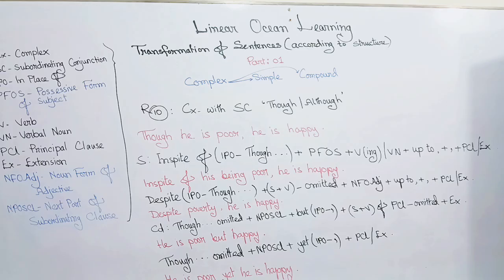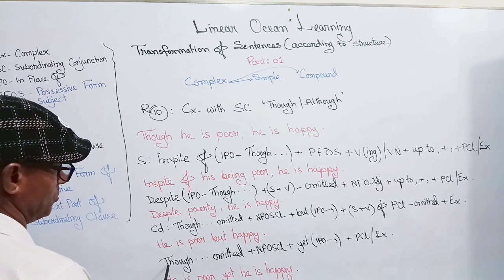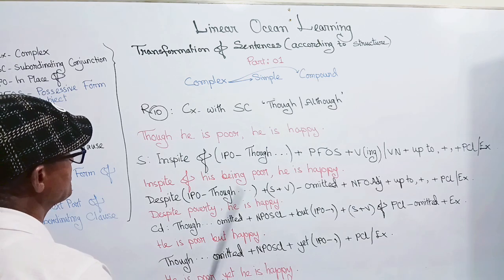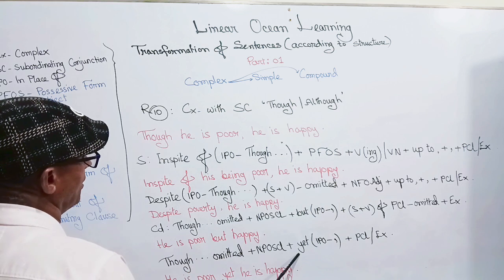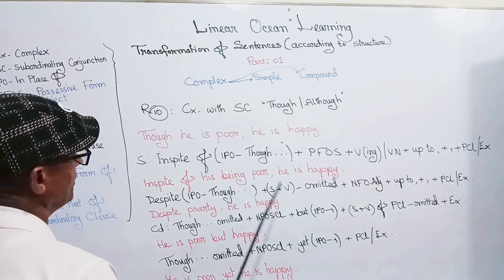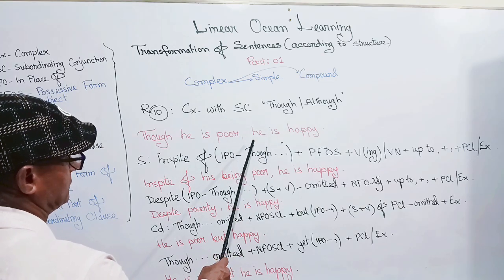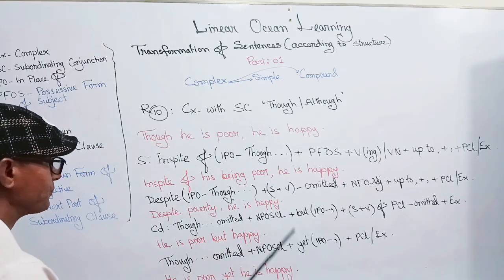We can follow another structure with yet, coordinating conjunction yet, though omitted, plus next part of subordinating clause, he is poor. In place of comma it is yet, and in this case no subject and verb are required to be omitted.